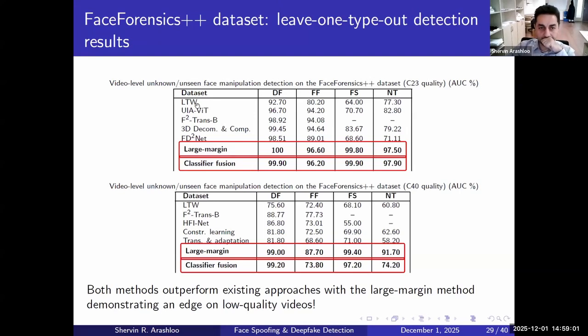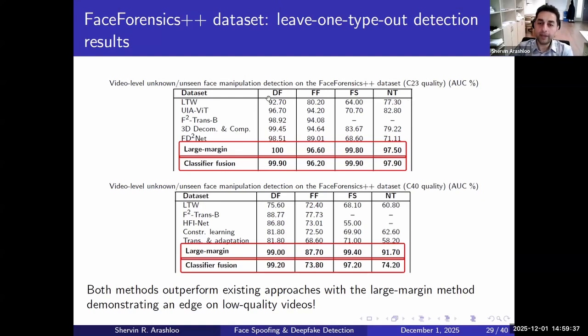I have summarized some of the other best performing methods. The point here is that if you refer to the literature, you can see that there are some methods that report 100% performance for all types of these fake samples or subsets of our dataset. The point here is that we evaluate our method in a leave-one-type-out scenario, meaning that at each stage, we use 3 types of these deepfake videos for training and then 1 type for testing.